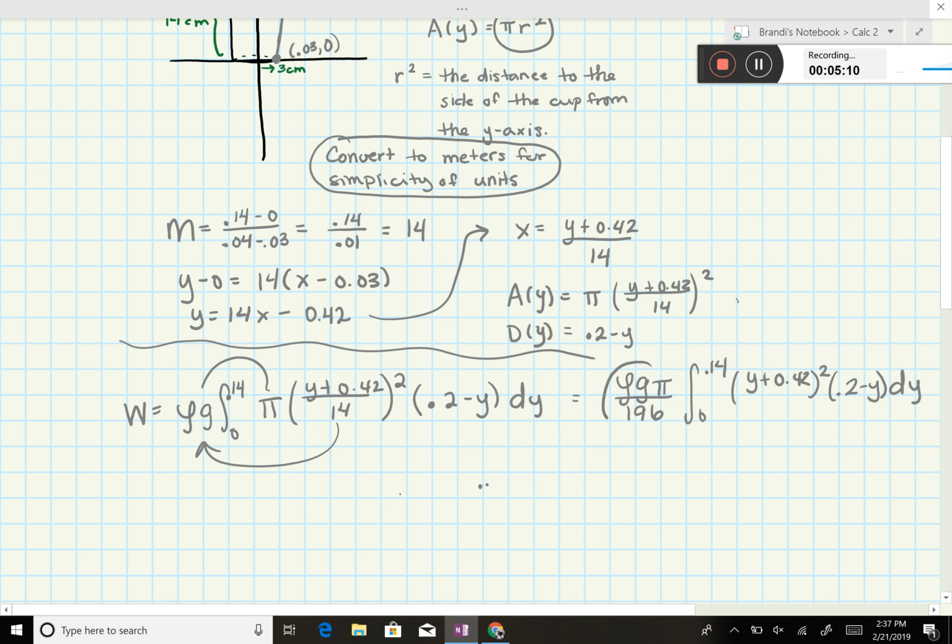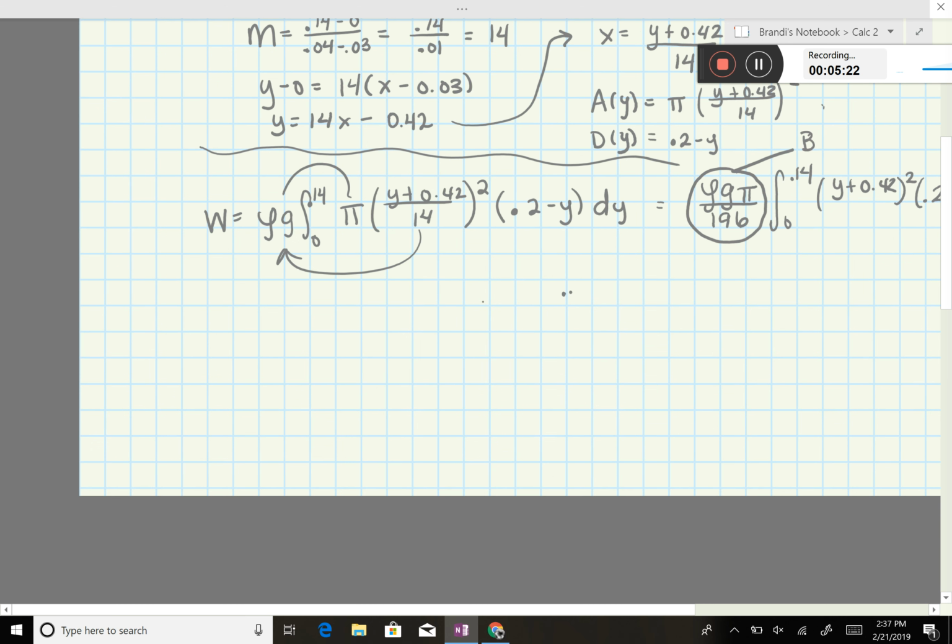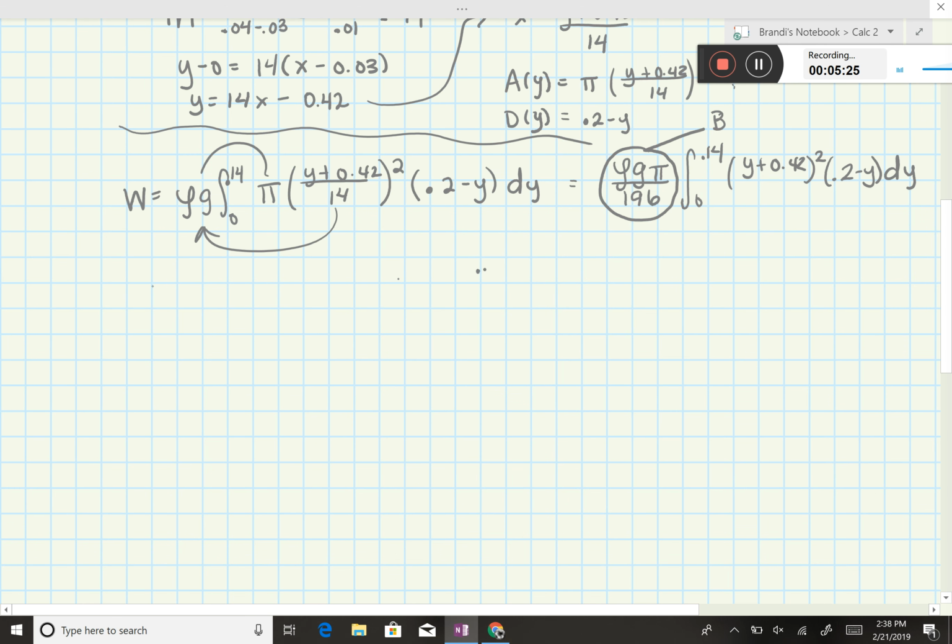Okay, this thing has to follow me through the whole problem, so I'm going to name it some variable I'm not using right now. I'll name it capital B so that I can stop writing it over and over. So continuing down, I'll just have W is equal to capital B to represent that entire constant.